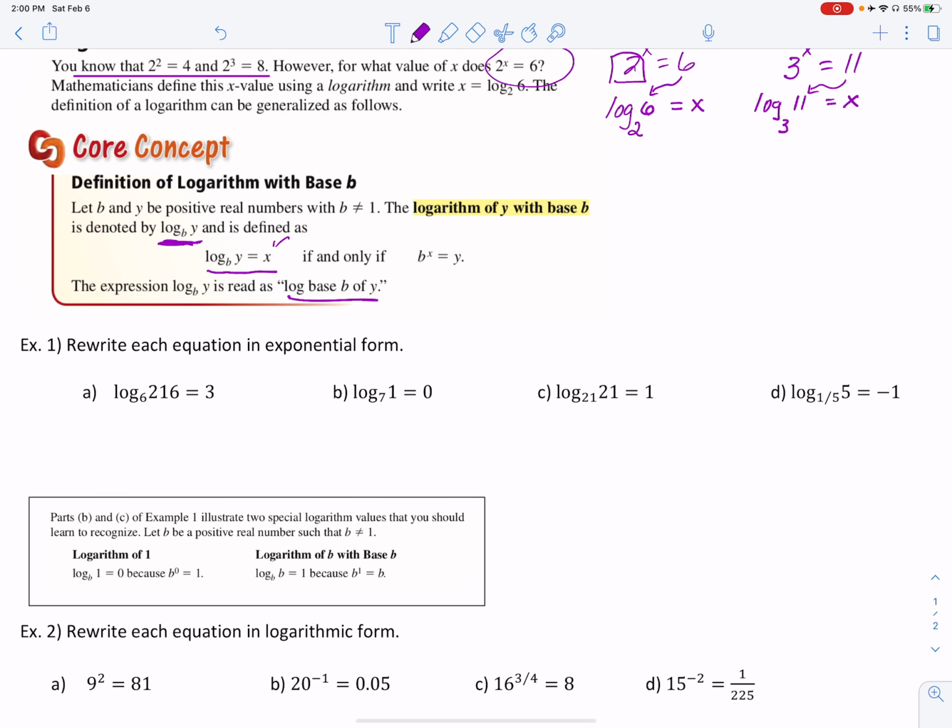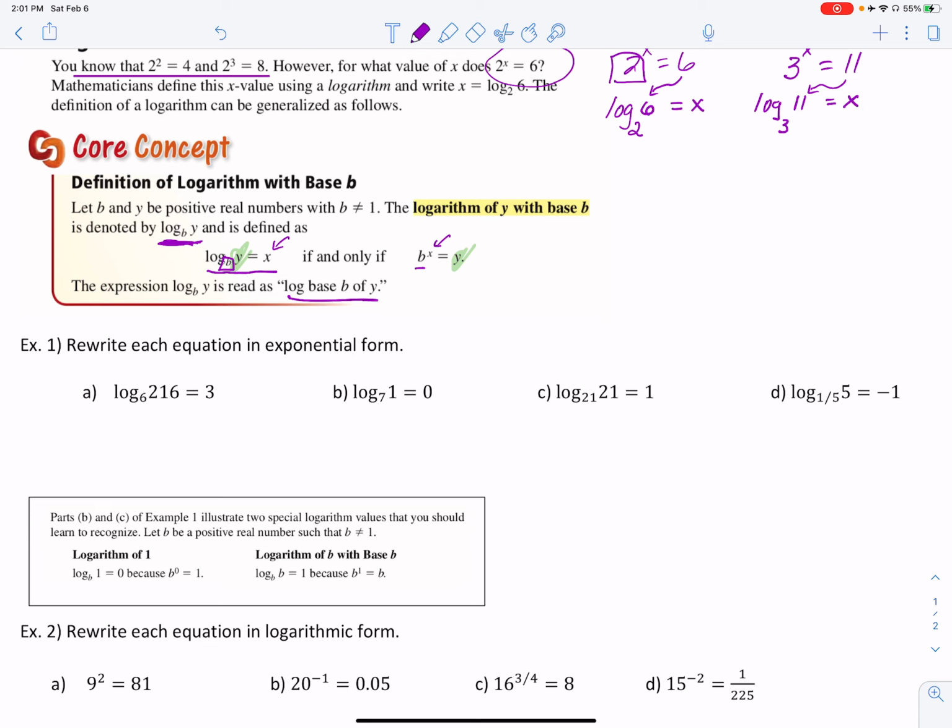Remember, the output of a logarithm is the exponent, and your base is b. So we get b to that exponent, and what that equals is the argument of the logarithm. You're going to have to be able to go back and forth between these two forms.